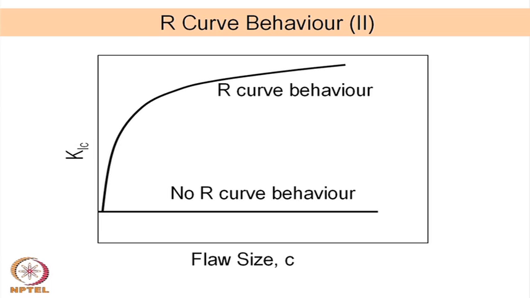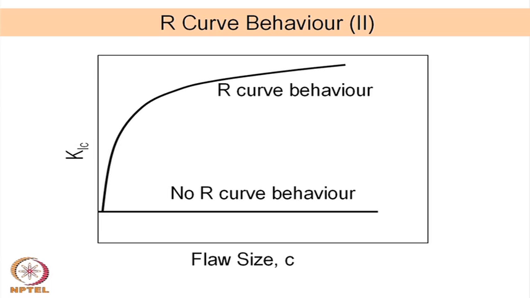For the materials which do not show R-curve behavior, the KIC value is more or less independent of the flaw size. Whereas, for materials which show R-curve behavior, the R-curve is like this: the fracture toughness actually increases with the flaw size.